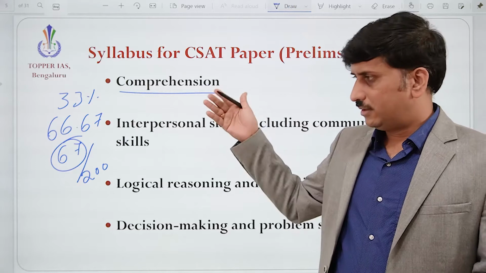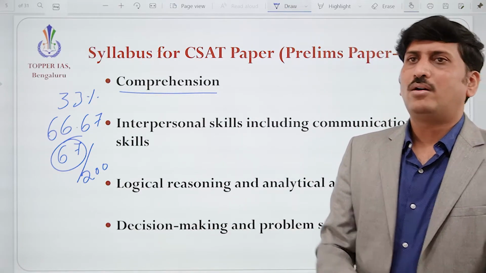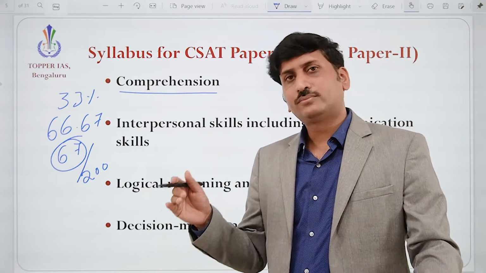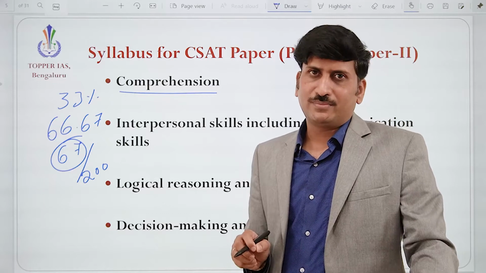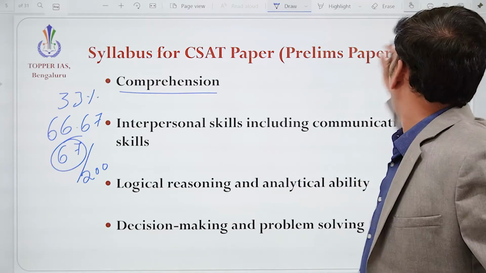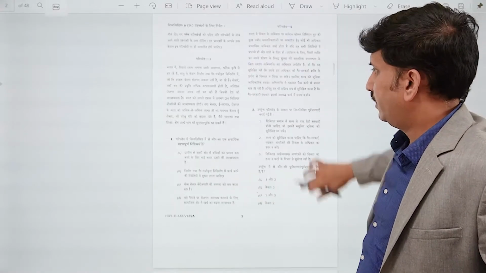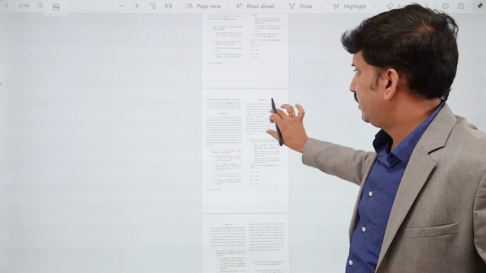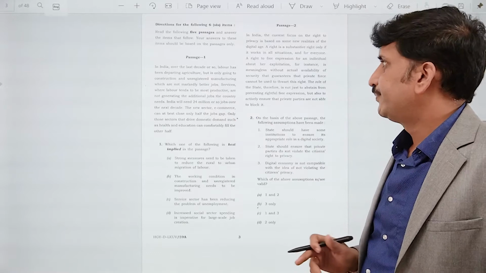The questions may be like, what is the theme of this passage, or what is the crux of this passage. If you want, you can see that here.